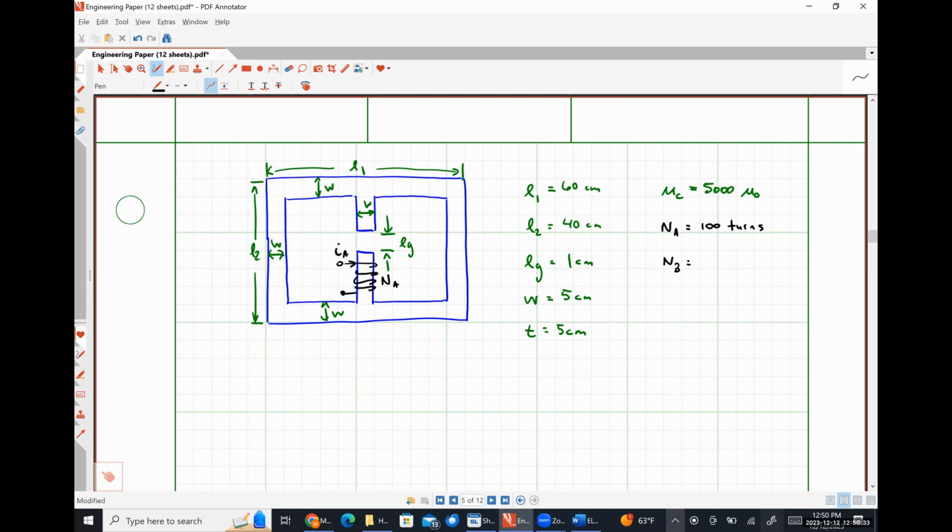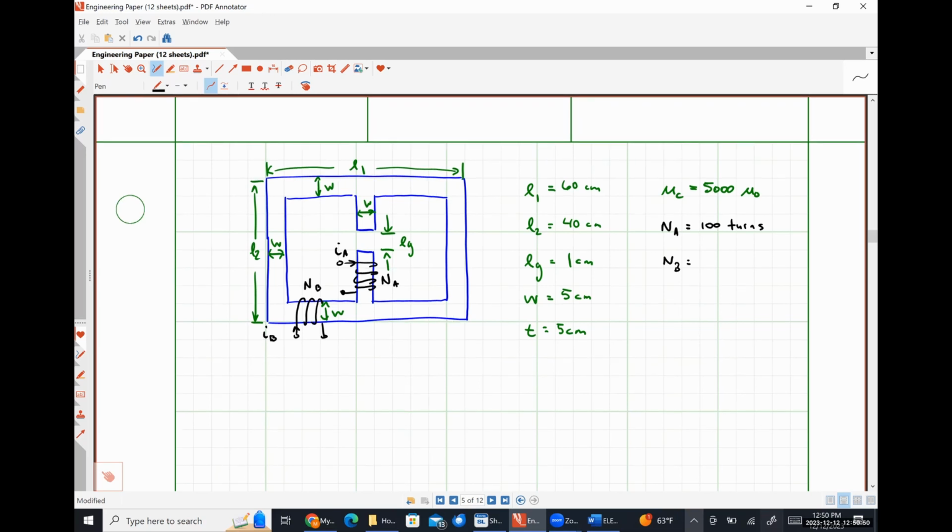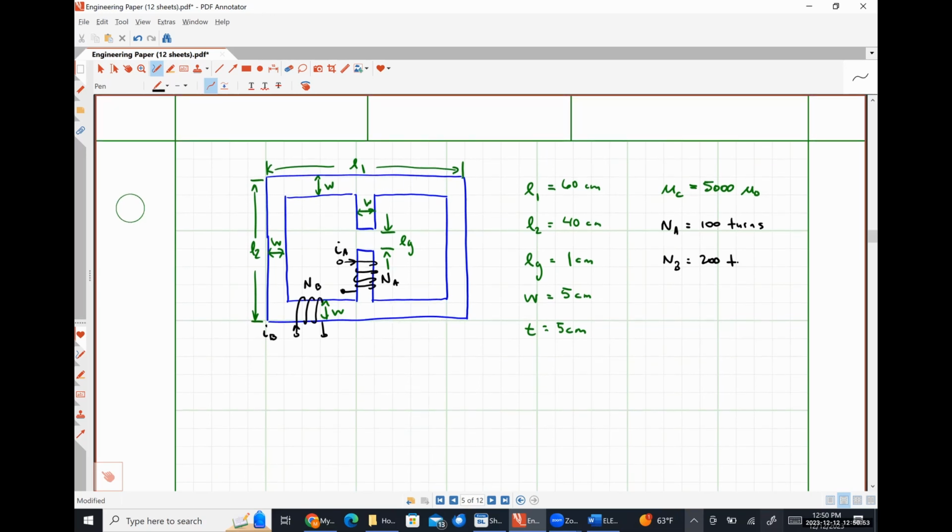Let's put coil 2 down here, or coil B, excuse me. So let's call this NB, here's the current of IB, where NB is 200 turns. And let's give ourselves a third coil to worry about down here. And C, here's our current IC. And our third coil has 500.